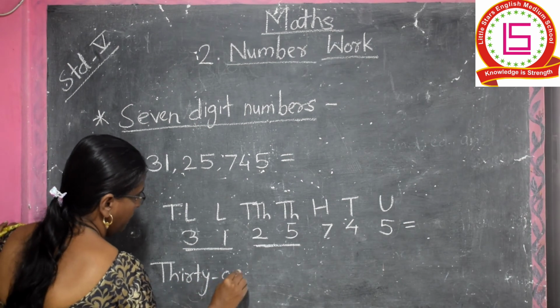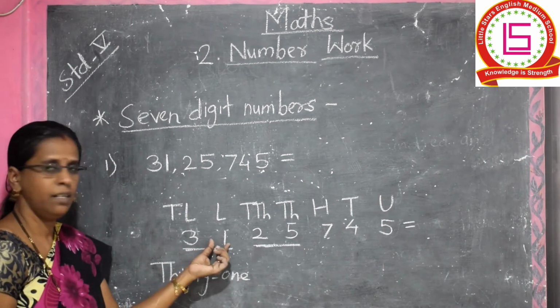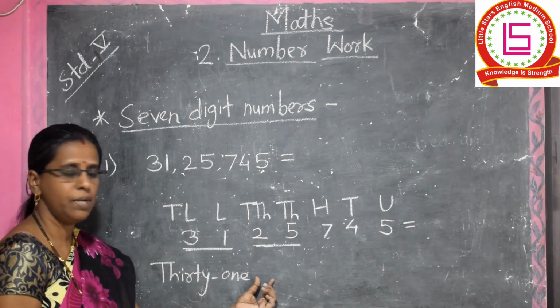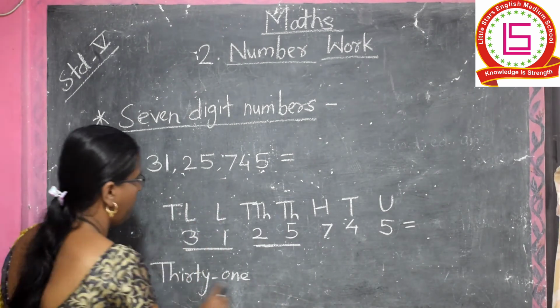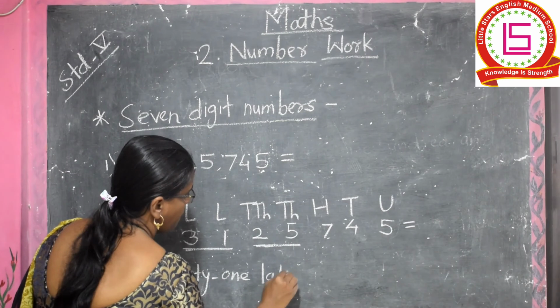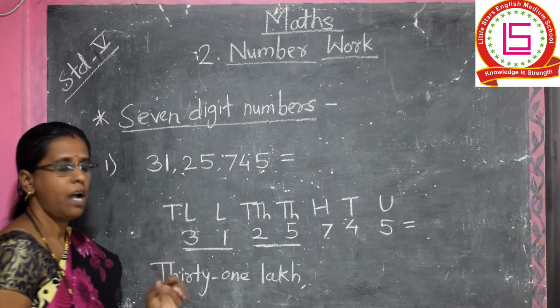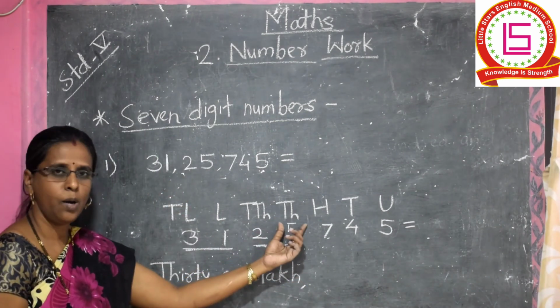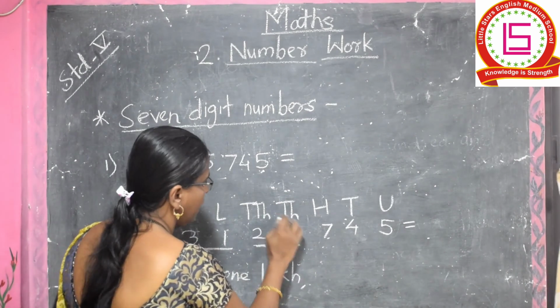Okay, then see here, 31. And which is the place name here? Lakhs place. 31 lakh. After that, 10,000 and 1,000: 25,000.